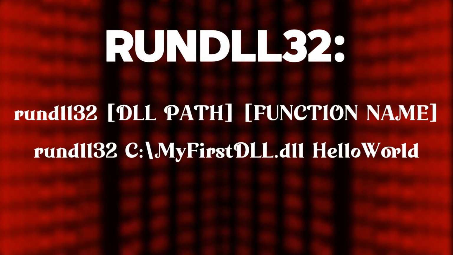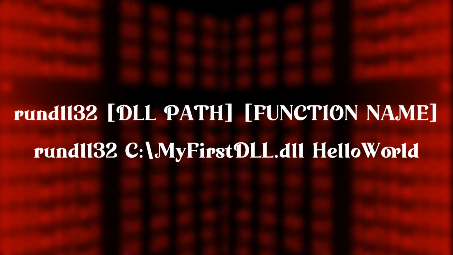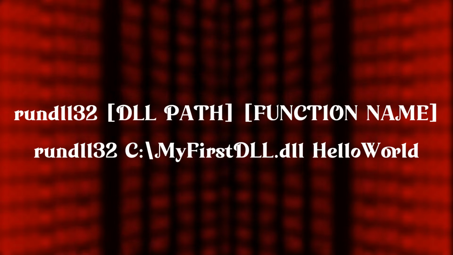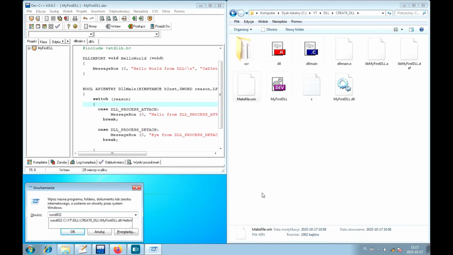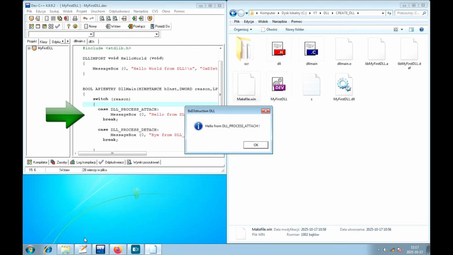First argument will be the DLL name, second the function name. Like you see, the first message is from our switch in DllMain. We already executed our code without calling the function that we want.